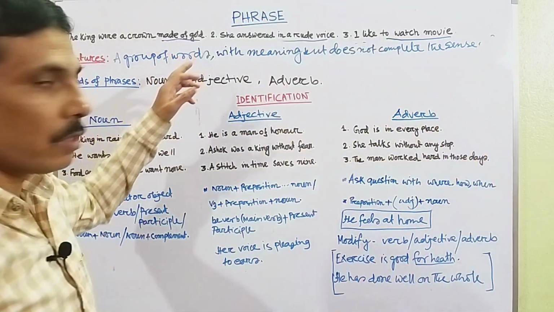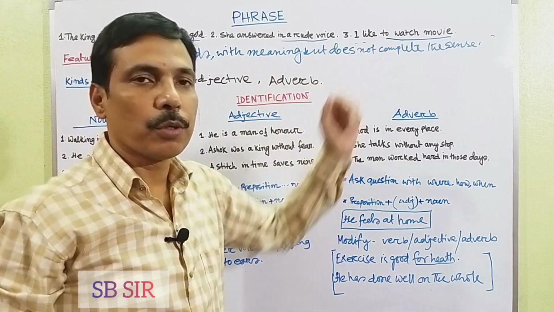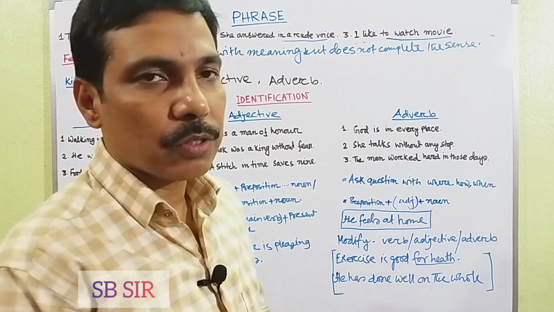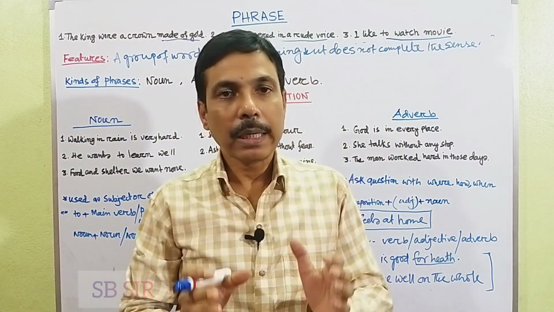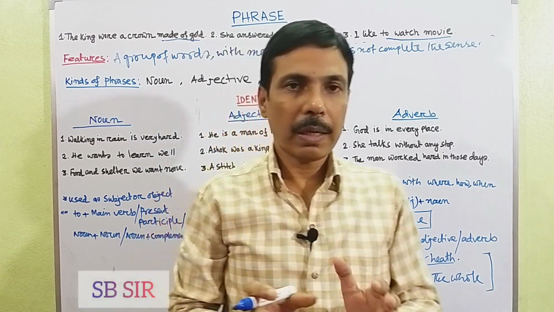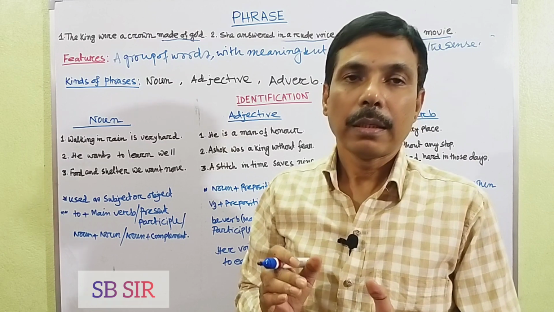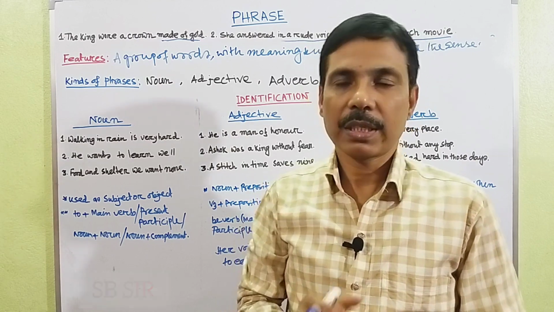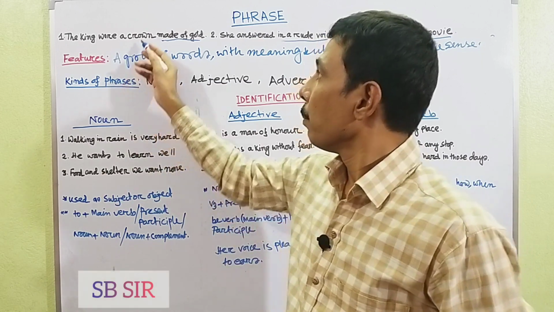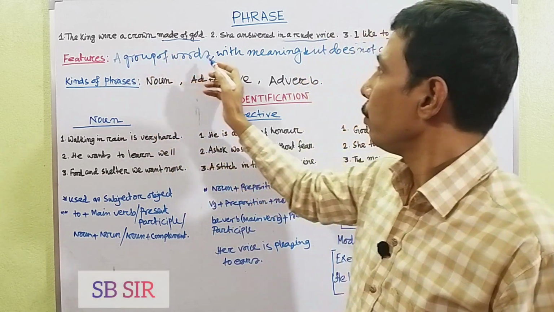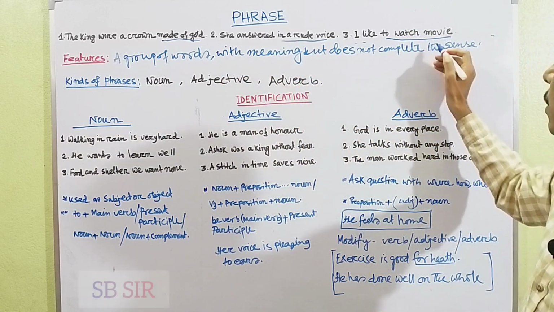So a group of words, if I say made of gold, or in a rude voice, or to watch movie, these words do not complete a sense. The phrase means a group of words with a meaning, but they do not complete the sense of a sentence. They need something more. So phrase is a group of words with meaning but does not complete the sense.